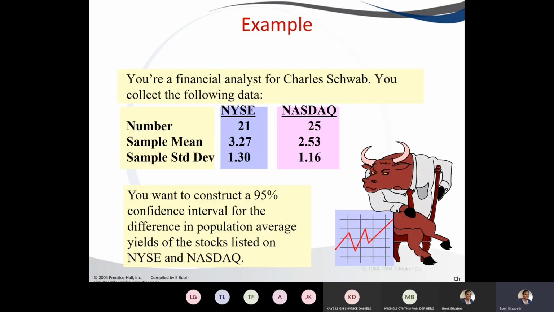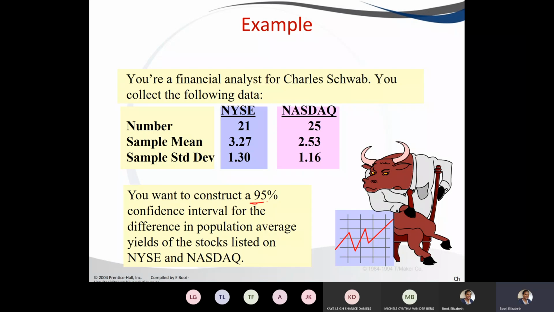So let's look at the very same exercise example that we used. We have the sample for the New York Stock Exchange and the NASDAQ, and we want to construct a 95% confidence interval.